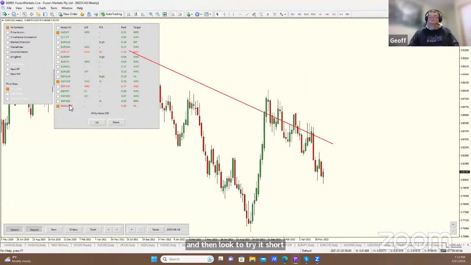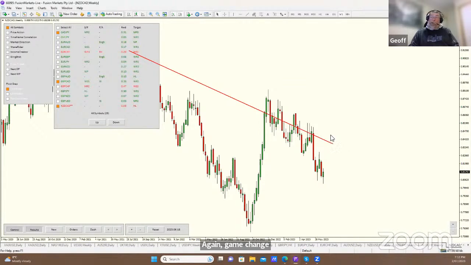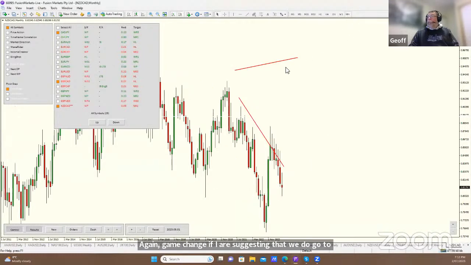That's pound CAD. Kiwi CAD, which is the second last of the game changer bars, and I will get to my watch list very, very shortly, I can assure you. Again, game changer bar suggesting that we do go to the buy side or the long side. Again, we go to the big picture.